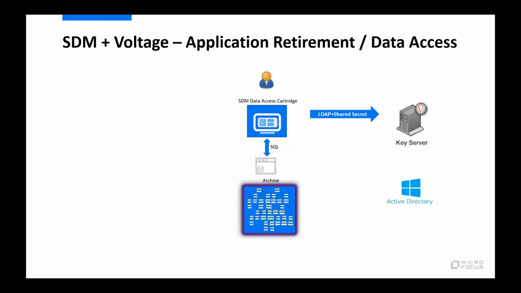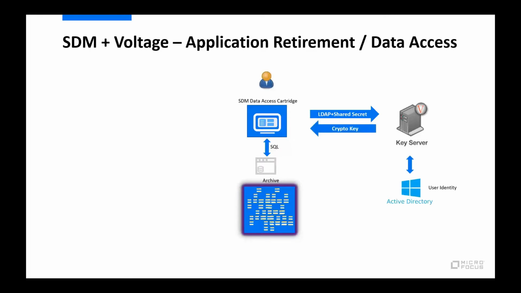We're going to intercept that command and actually pass over the LDAP credentials of the user and the shared secret, as well as the identity that was used to encrypt that original data. That gets passed to the Voltage server, which then looks up that user based on their LDAP credentials in the Active Directory to determine what their user identity or key names are, which are recorded within the LDAP Active Directory.